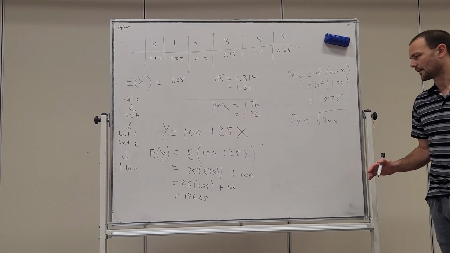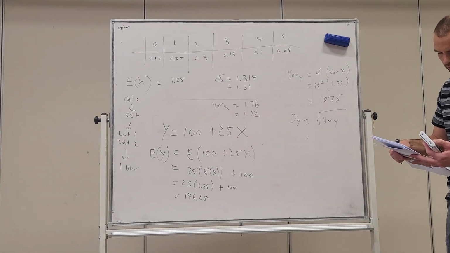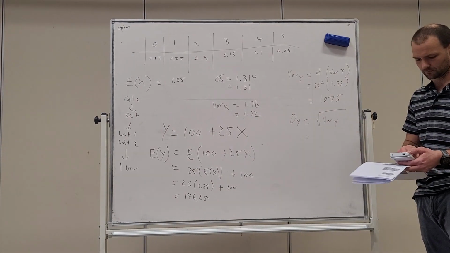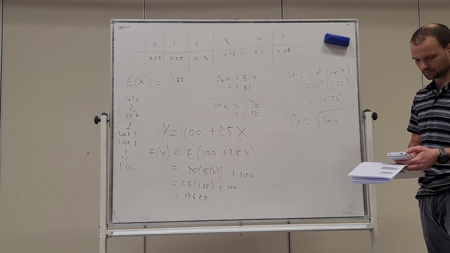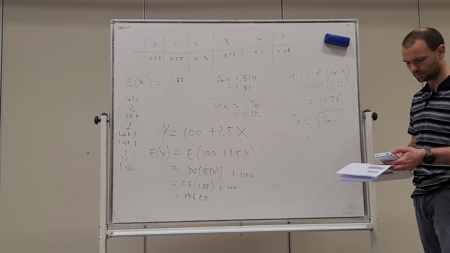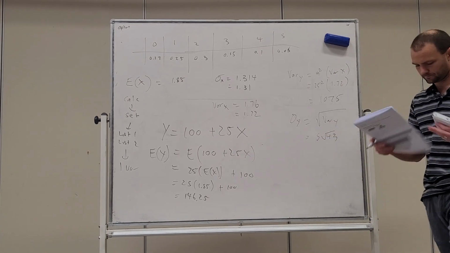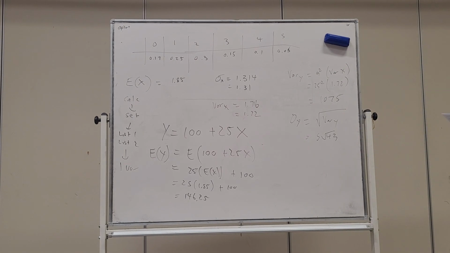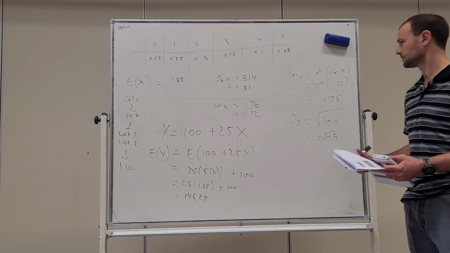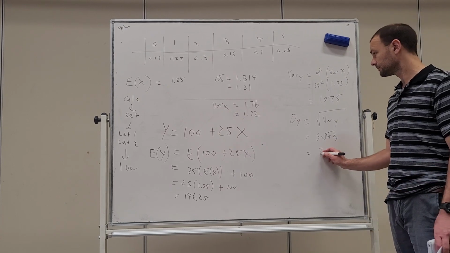Okay, and then once you've got the variance of Y, you can just square root it to get the standard deviation, or you can use the formula that they've given you there as well. That's 5 root 43. Yeah, the modulus of a times the standard deviation of X, 32.8.